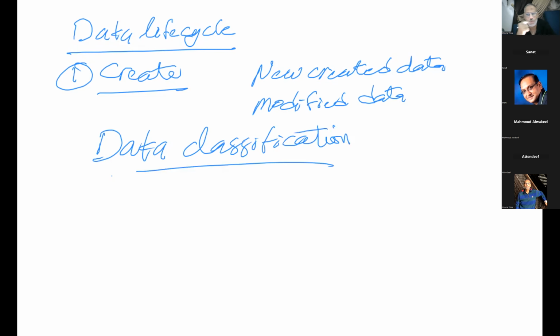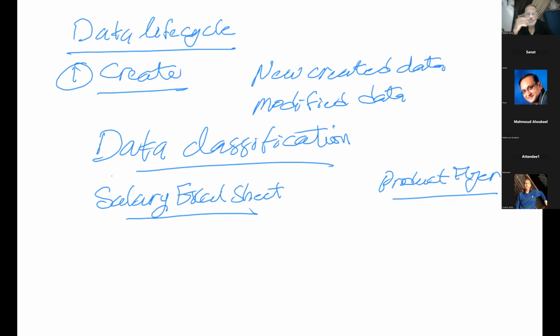Why? Let's think about it, gentlemen. You have 2 pieces of information. For example, a salary Excel sheet, and a product flyer. Do you think both of them have the same criticality level for the organization? No. Why?